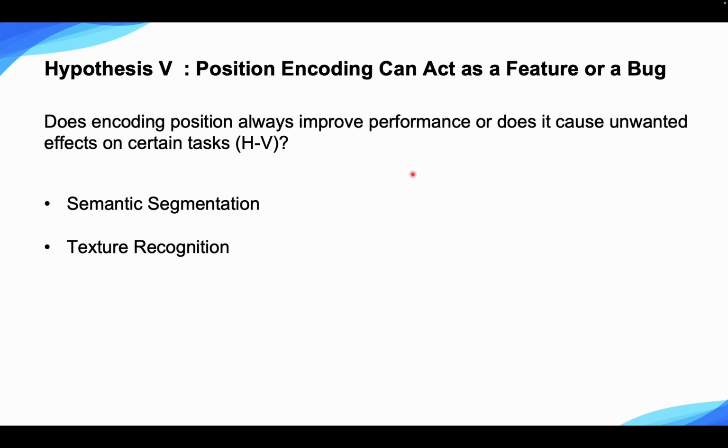So, to verify the impact of positional information on performance, they conduct two experiments to check whether the performance improves. The first test is a semantic segmentation test, and the second is texture recognition.